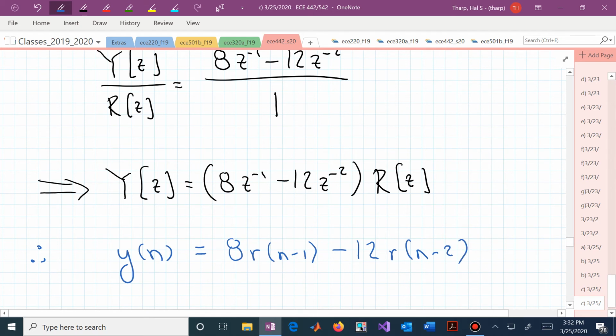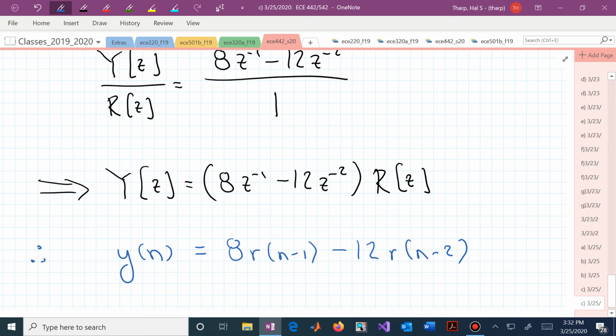Remember, z to the minus 1 corresponds to a delay of 1. The inverse z transform of capital Y of z is just y of n.